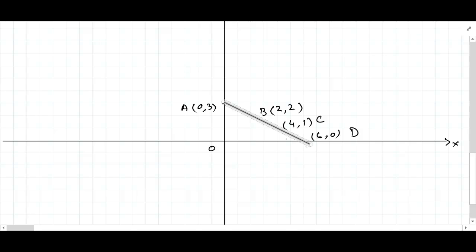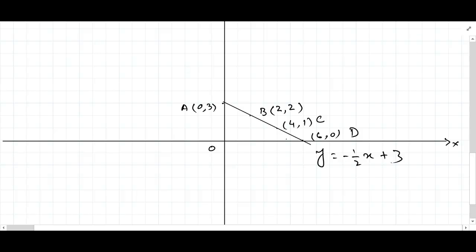Here, this is the required line. We can extend this line on either side, but for now this is sufficient, and the equation of this line is y equal to minus 1 by 2 x plus 3.